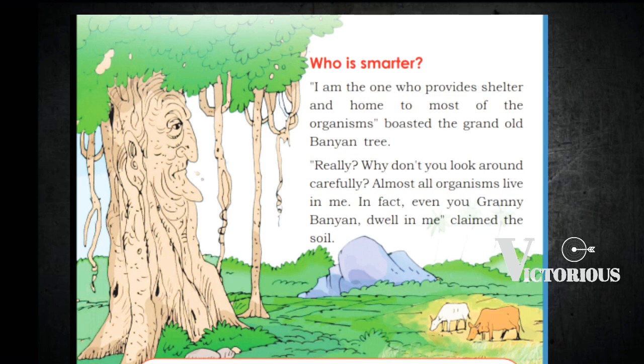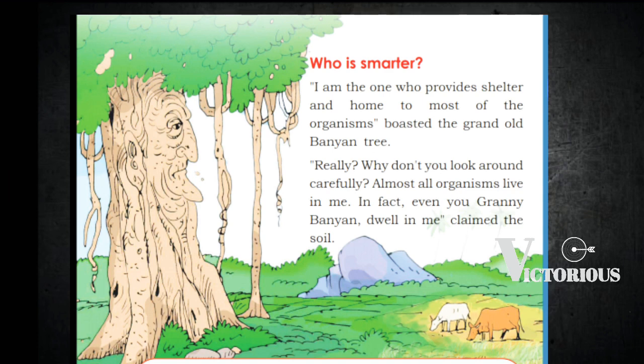Let's think about what the banyan tree said. The banyan tree says that I am the one who provides shelter and home to most of the organisms. Can you tell me to whom the banyan tree gives shelter?